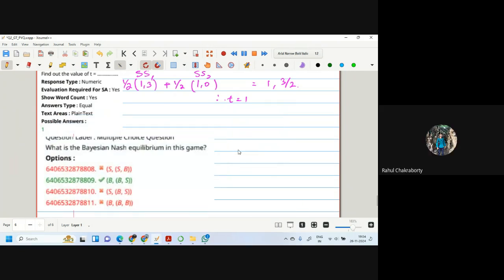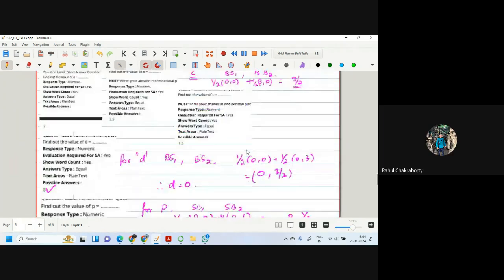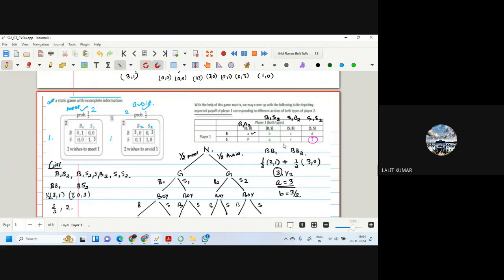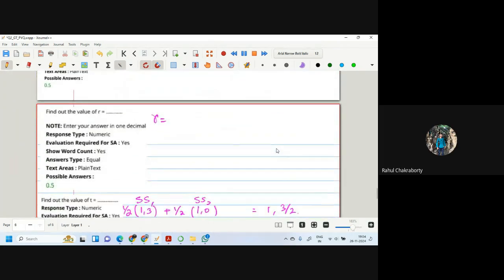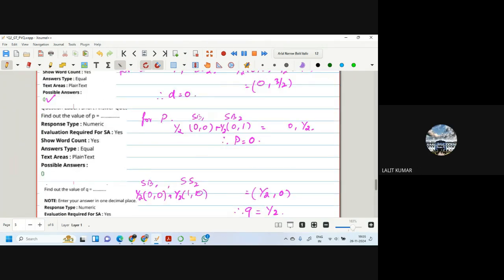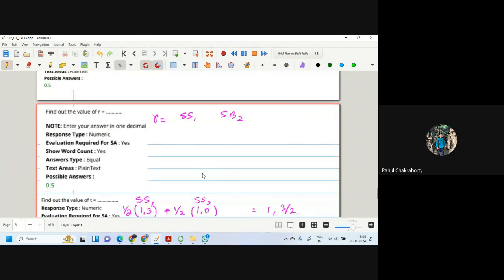We have found all the values but not R yet, so let's find R as well. R will become SS1 equal to SB2. SS1 is 1/3 and SB2 is 0 1, so 1/3 0 1, which gives 0.5, 1/2 and 2.